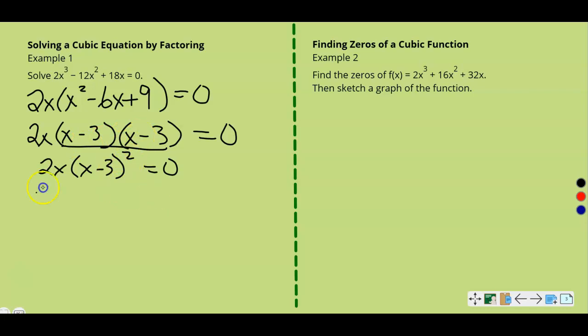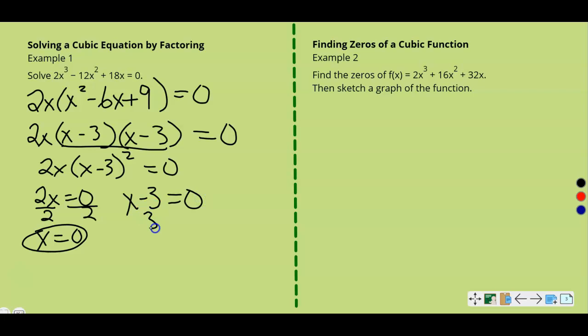All right, so to solve, we have to set each factor equal to 0 using the zero product property. So I'm going to solve by setting 2x equal to 0, divide by 2. So 0 divided by 2 is 0, so that's one solution. And then I'm going to have x minus 3 equals 0.